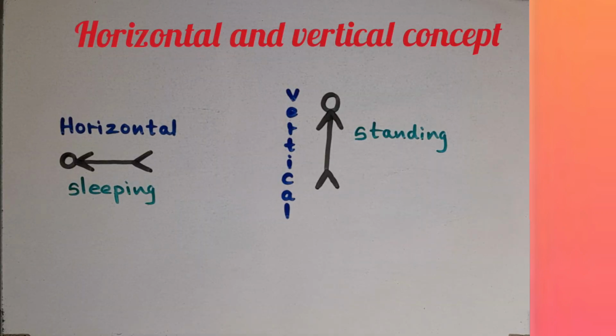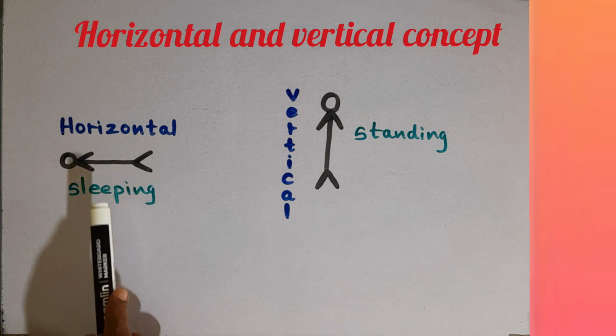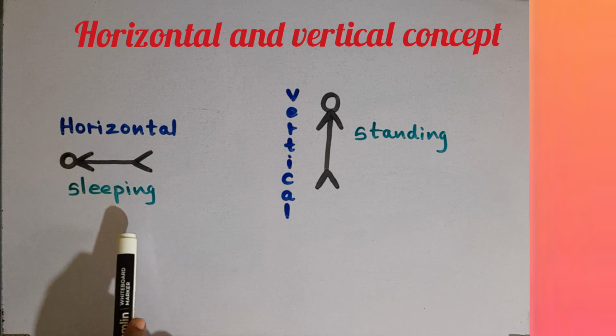In addition to the directions, there are 2 other concepts to describe the location of an object, that is, the horizontal and the vertical concept. I have drawn 2 diagrams to describe this concept. Can you see it on the board? In the first diagram, the person is sleeping on the ground.